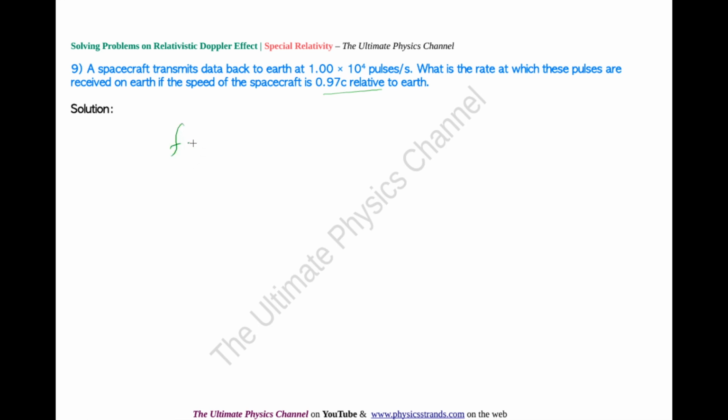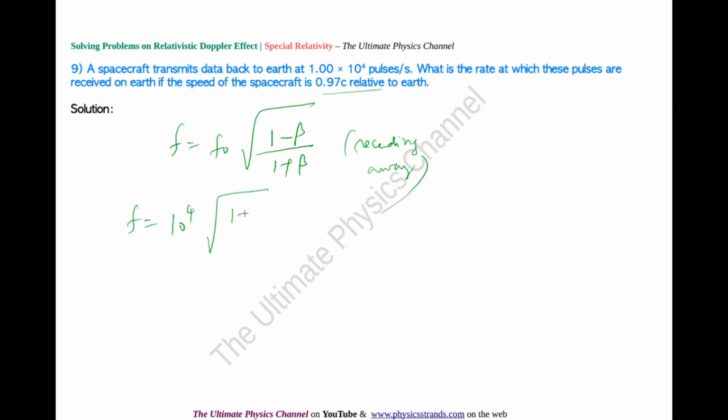So I use F is equal to F naught times square root of 1 minus beta over 1 plus beta. This is for the receding formula, right? Receding away from Earth. So F is equal to, signals are 10 power 4 pulses per second, that is my frequency, so 10 power 4. And I need beta, or u rather, right?